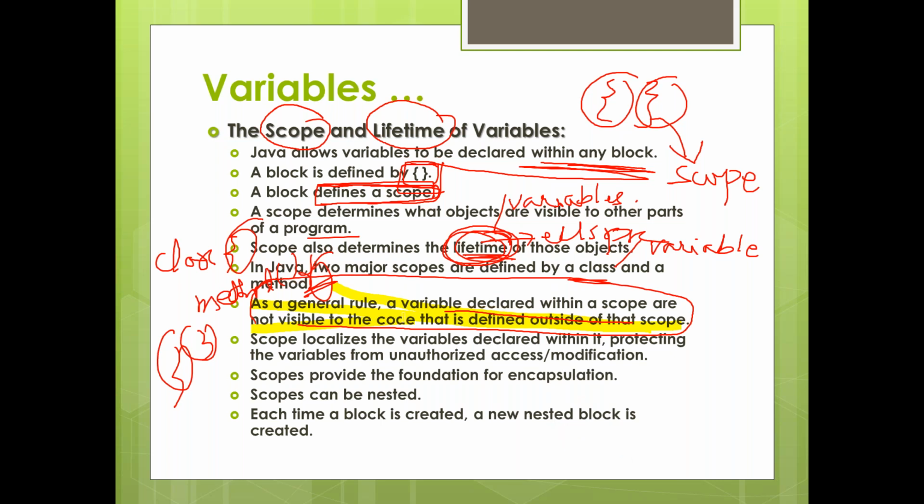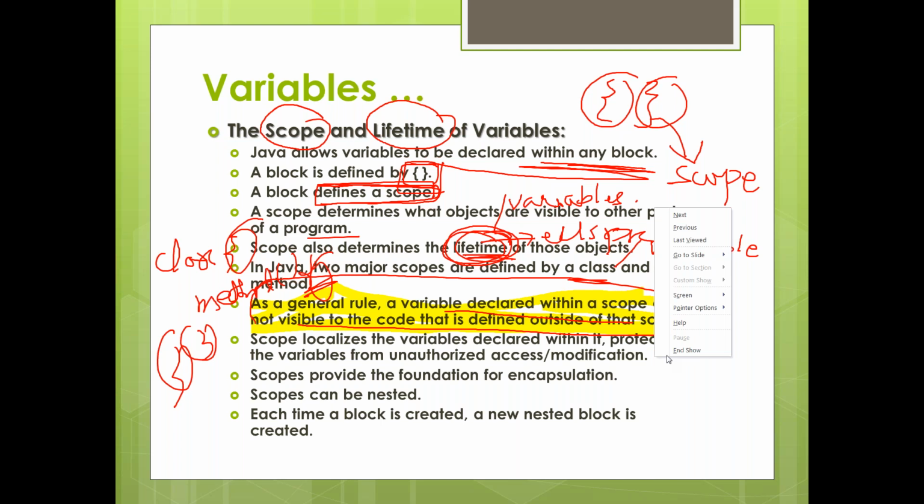What it says: variables declared within a scope are not visible to the code that is defined outside of that scope. The variable defined within a scope is not visible to the code that is defined outside of that scope.